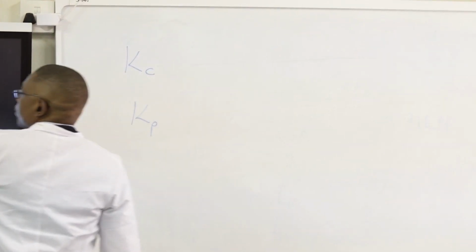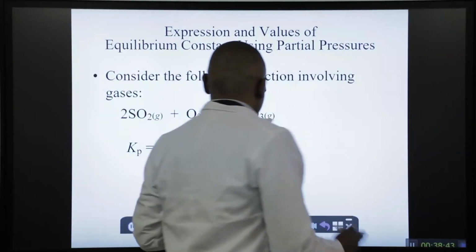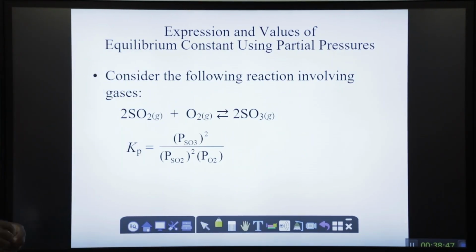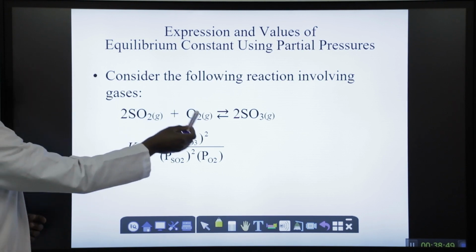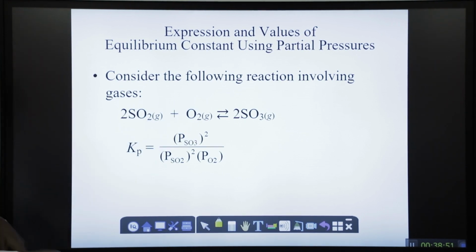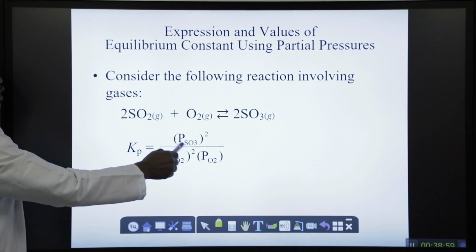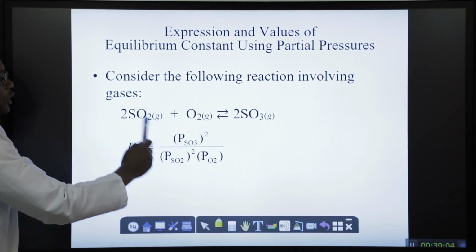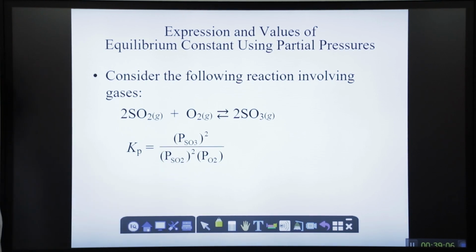So for example, in this representation here, you can see that sulfur dioxide is a gas. It's reacting with oxygen, a gas, to produce sulfur trioxide, a gas. So their partial pressures are such that the partial pressure of the product squared over the partial pressure of the reactants, like this.